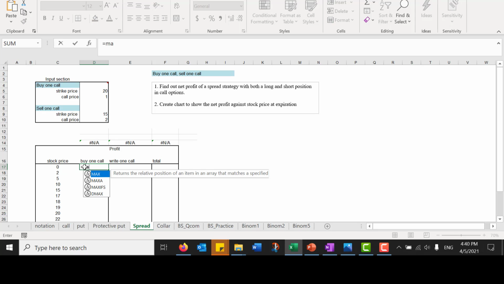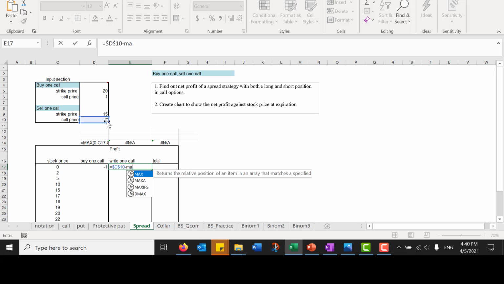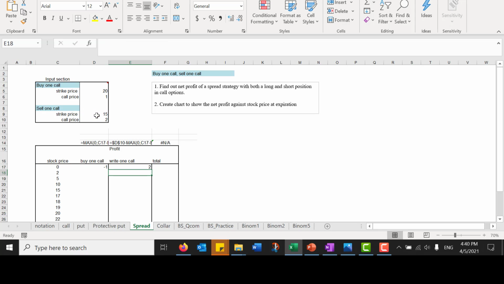We have a long position put. We will use the put option formula, 0, the difference between the strike and stock, minus the put cost or premium. All right, then for the stock, we just simply compare the stock at the moment and the purchase price.